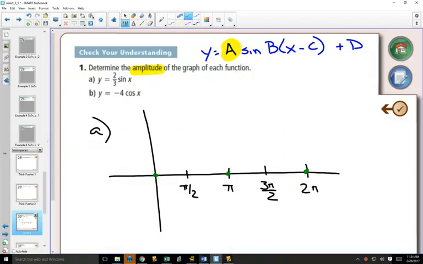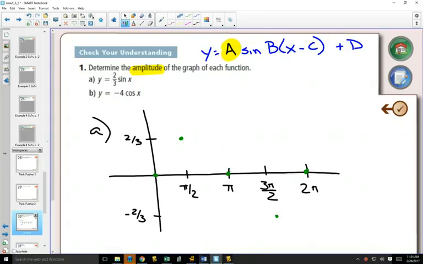But on our sine graph, we had pi over 2 comma 1. If we multiply our Y value by 2/3, now you're going to have pi over 2 comma 2/3. And same thing down here. You were at -1, now you're going to be at -2/3.